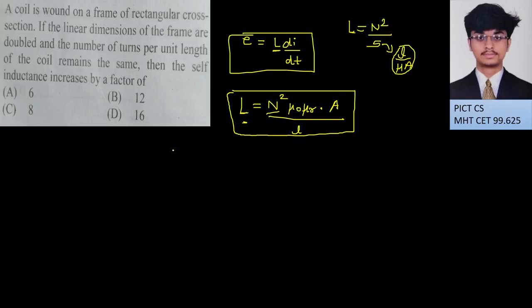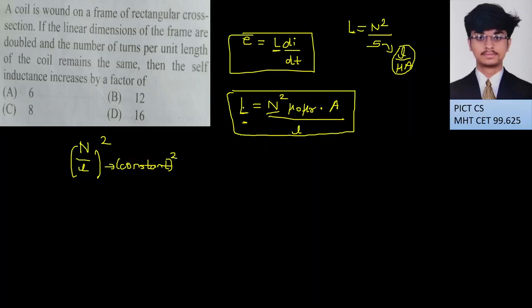So given condition is number of turns per unit length is constant, right? Alright, here we have n square, so basically a constant number, and if I square it, constant square is also a constant.